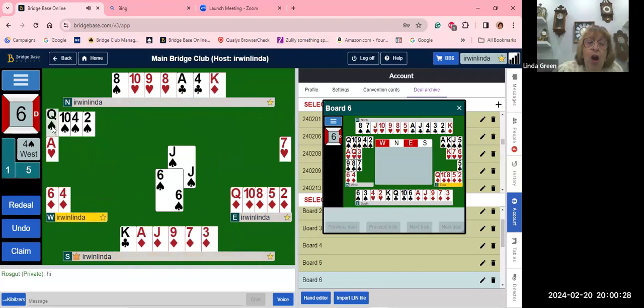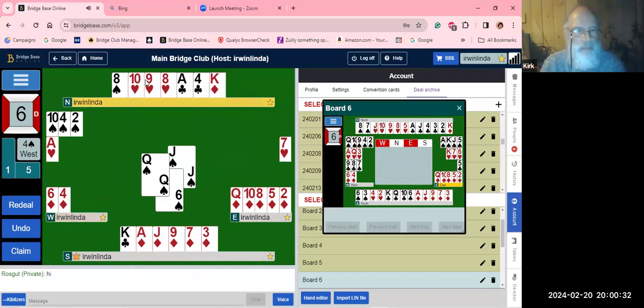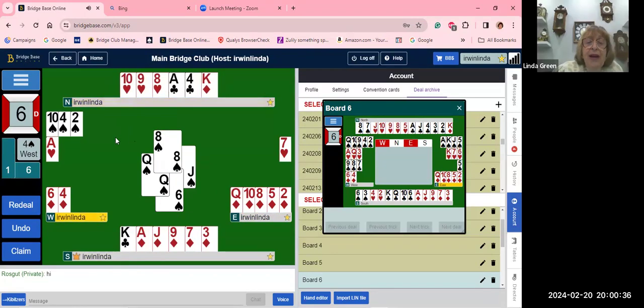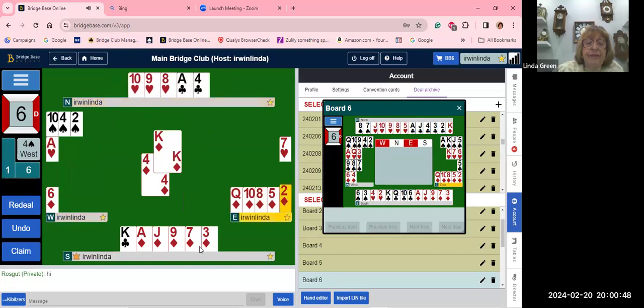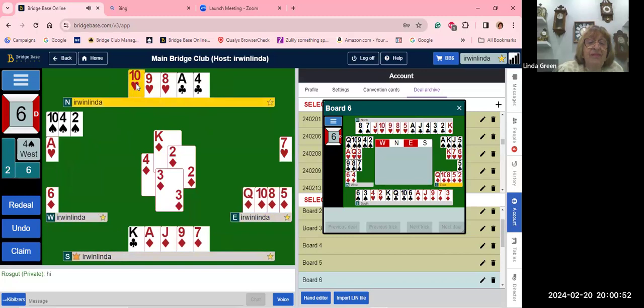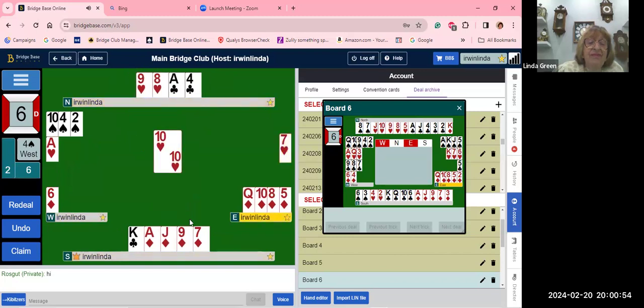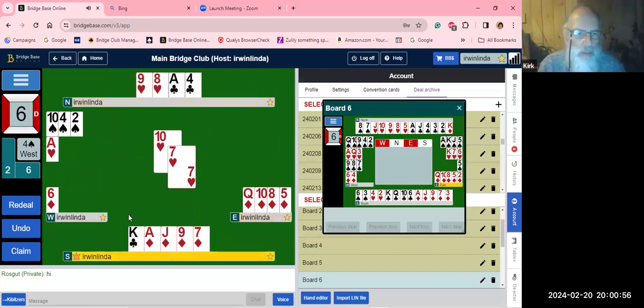Put the queen on the jack because the 10 is the same value. And if they didn't break, the 10 would draw the last one. And all you lose now are 2 diamond tricks and you make the game. That's it. You're losing the 2 diamond tricks.